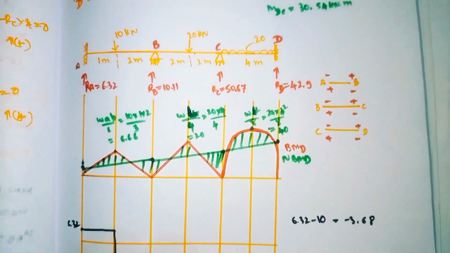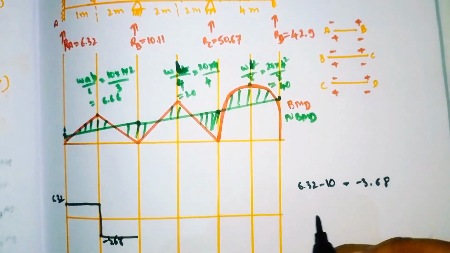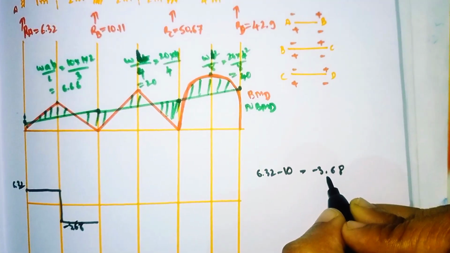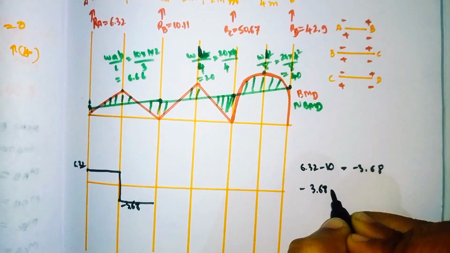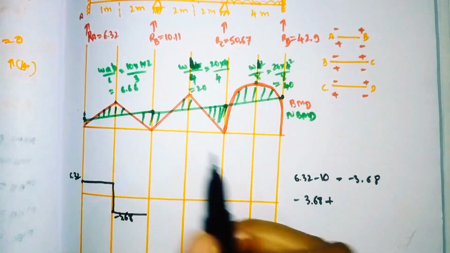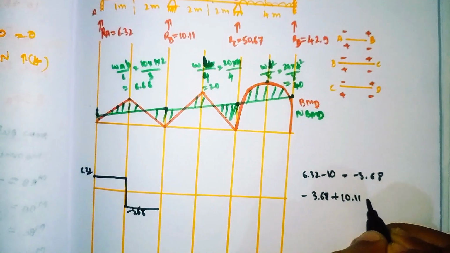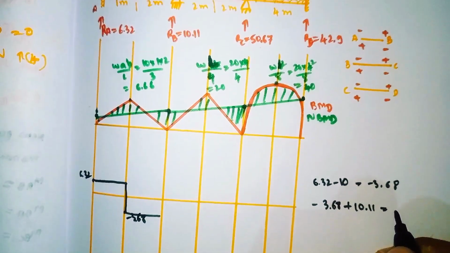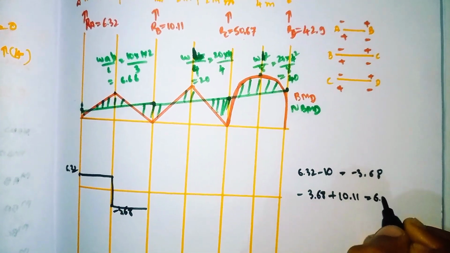From here to here there is nothing, it will come straight. Again here reaction RB is there. So minus 3.68, and it is moving upward, which means we need to add 10.11. It will come out as 6.43.